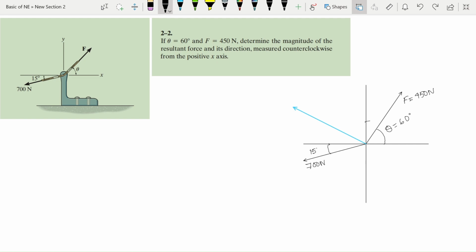So this one would be 30 degrees, this one is 90 degrees, so the whole angle would be 90 plus 30 plus 15, which would be 135 degrees.